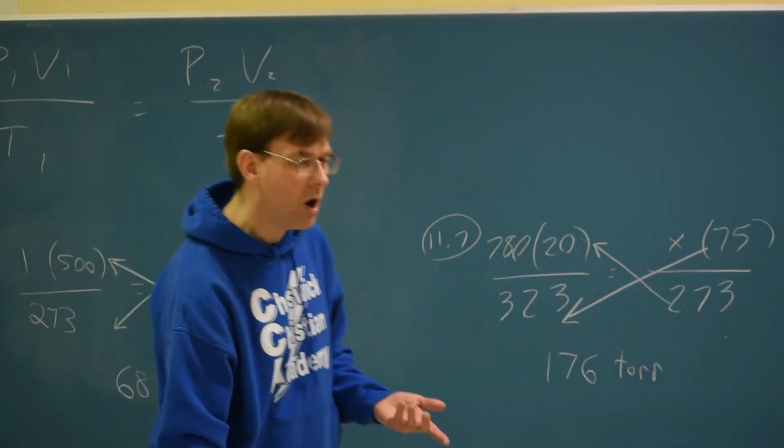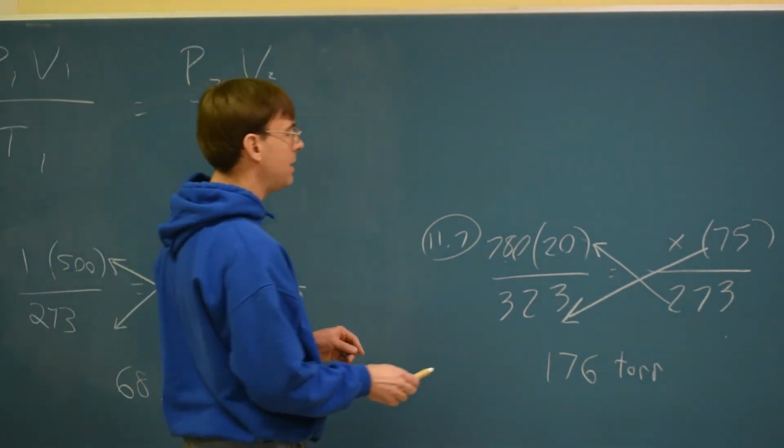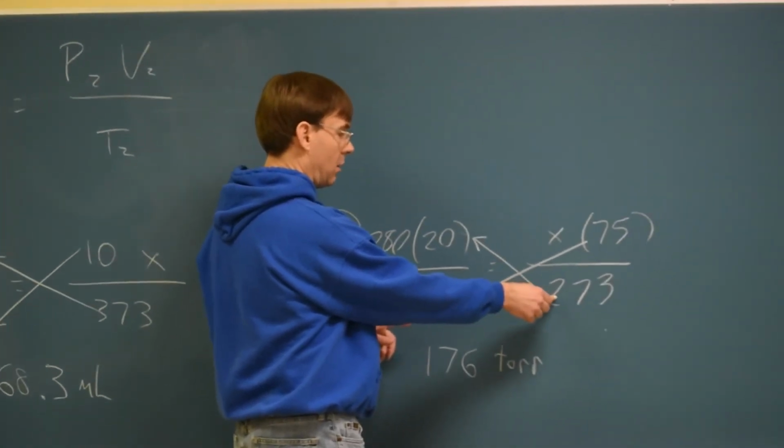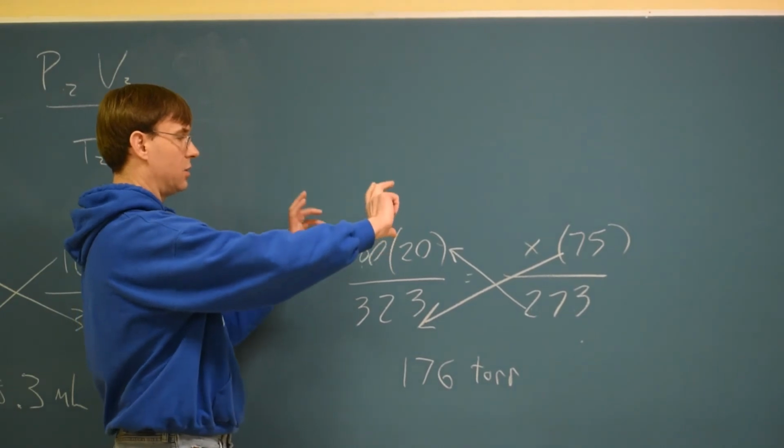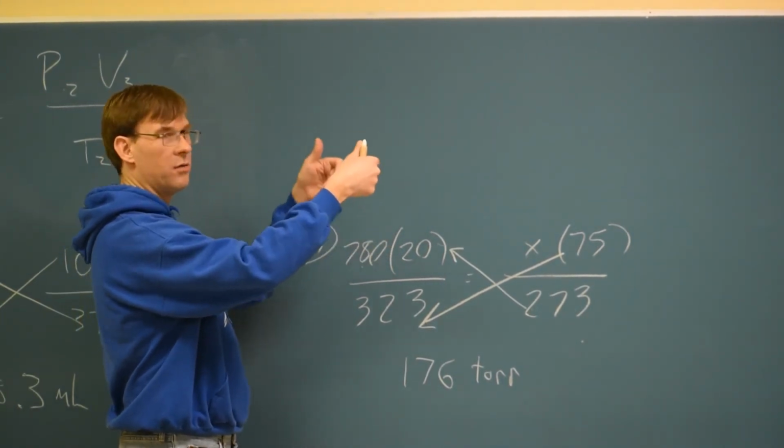One what-if that probably occurs is there may be some where the X is on the bottom. If you get one where the X is on the bottom, feel free to just flip both fractions.